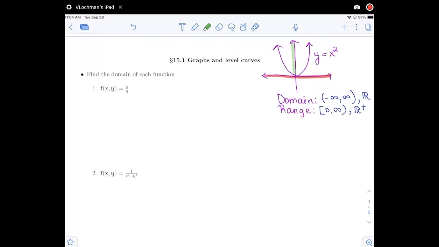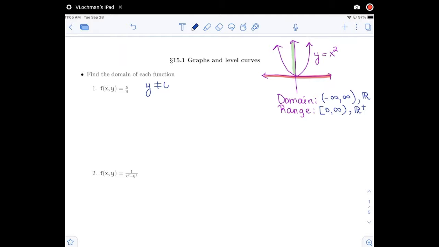Okay, so what we don't want to happen, we don't want y to be 0, right? That's pretty clear from here. We don't want that to happen. We don't want to have division by 0. But what does that mean in the context of this problem? That means we need to exclude the entire what, x-axis, right?